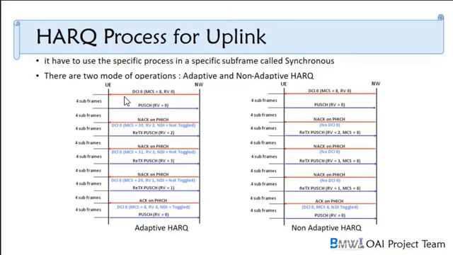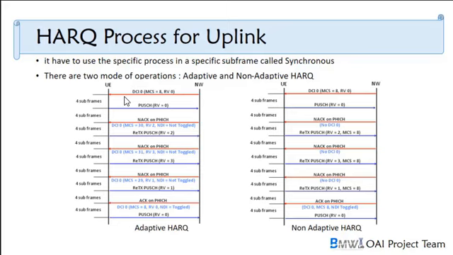So if you use non-adaptive HARQ, you will get a collision, because if you use the same resource allocation and another one also uses the same resource allocation when you transmit again, it will collide.